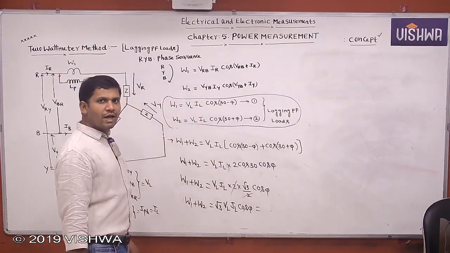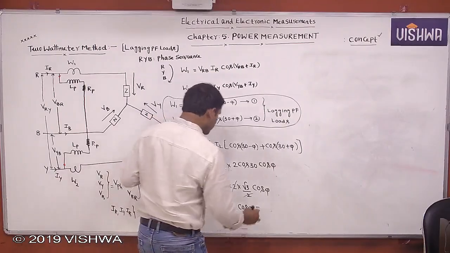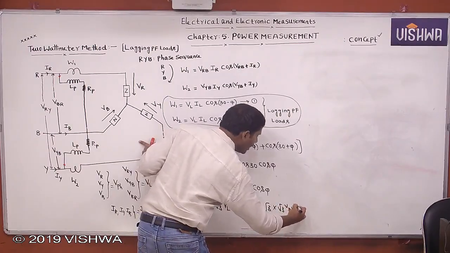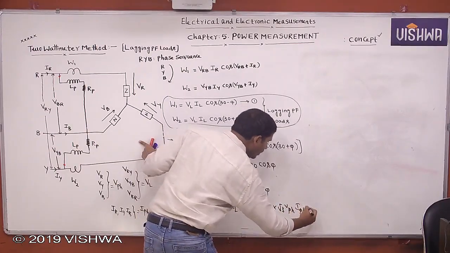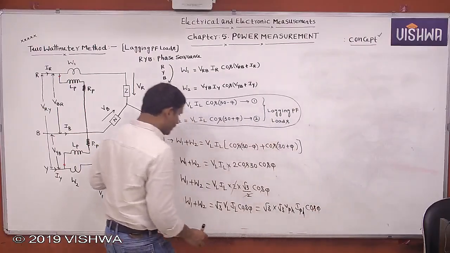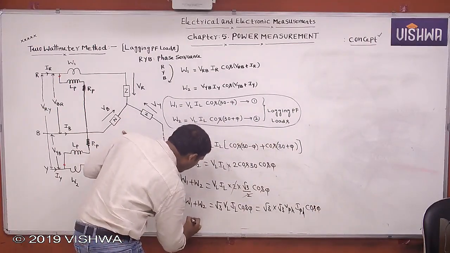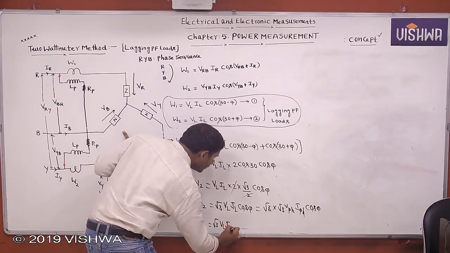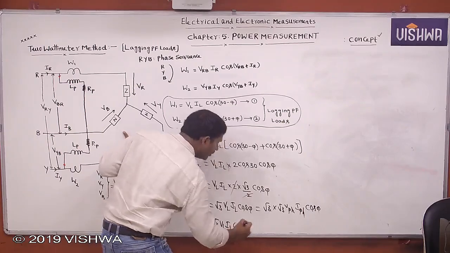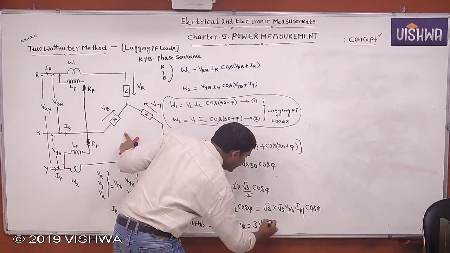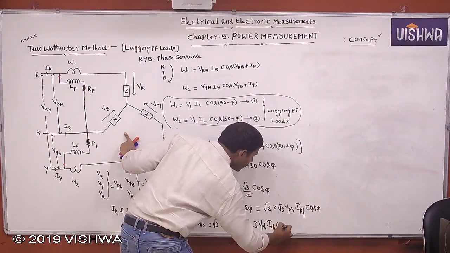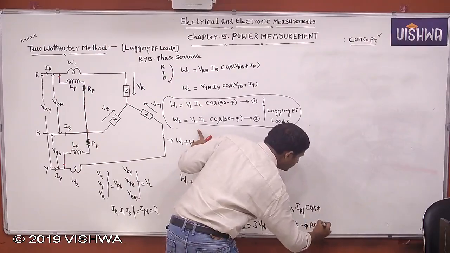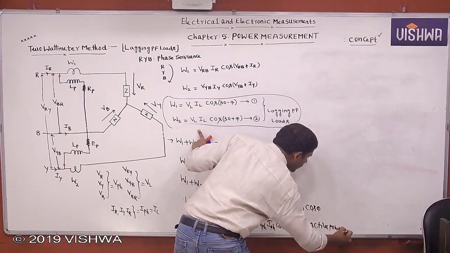Here we are assuming a star connected load. Shall we write like this? Root 3 into VL, where VL is root 3 times V phase, and IL is I phase, into cos φ. Therefore, W1 plus W2 equals root 3 VL IL cos φ, which is equal to 3 V phase I phase cos φ. This is the three phase active power. I told this formula already.